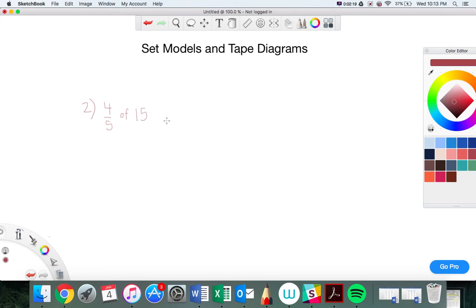This one is 4/5 of 15. Or we can rewrite that as 4/5 times 15. In my set model, I'm going to draw out 15 of those dots.